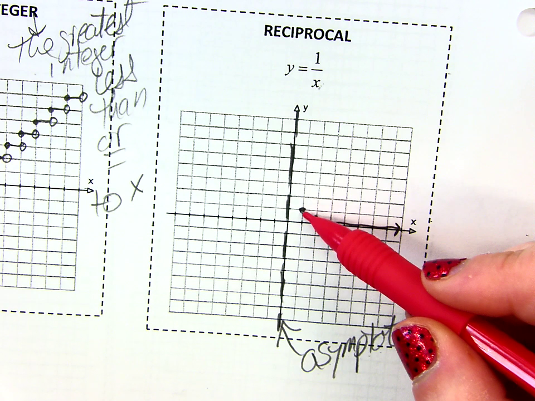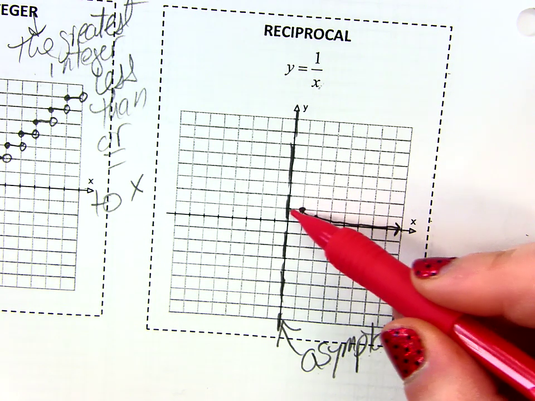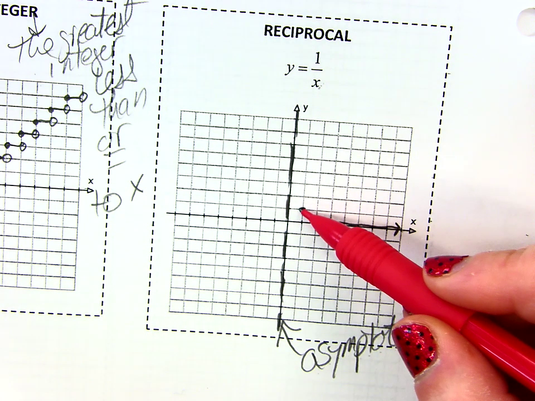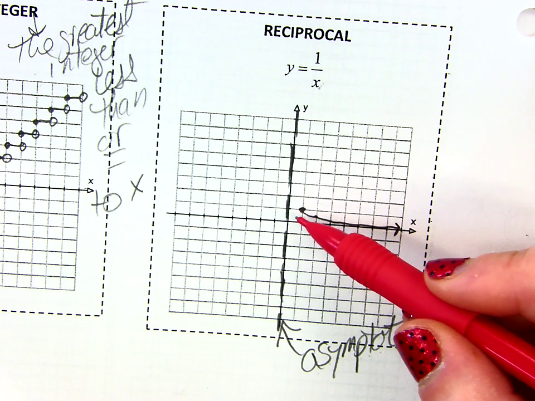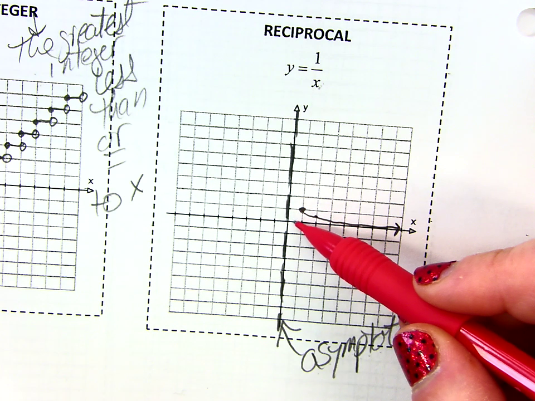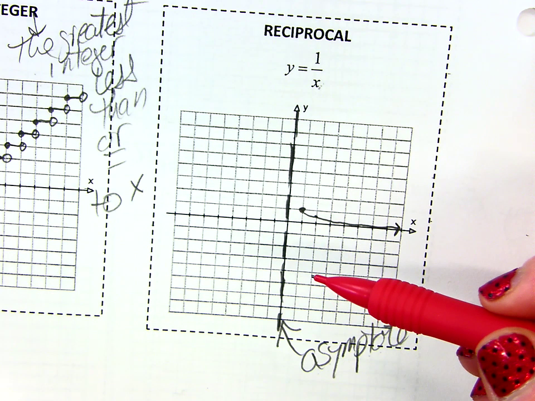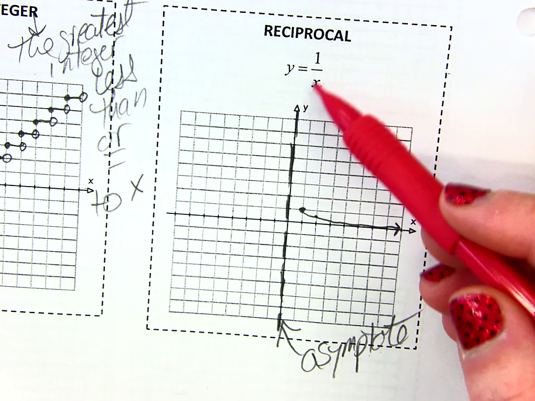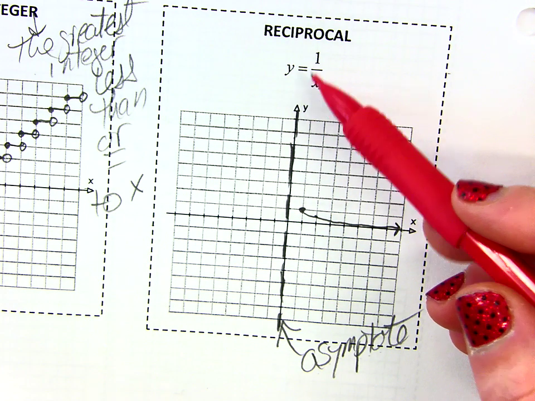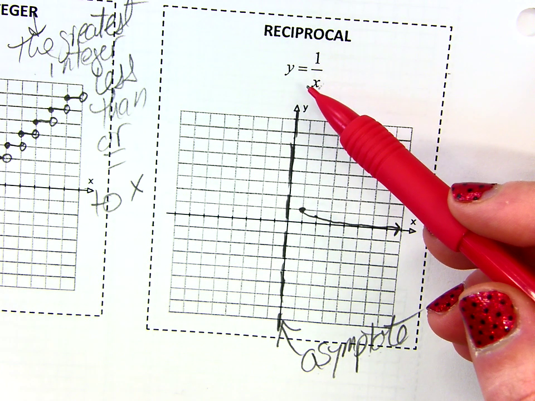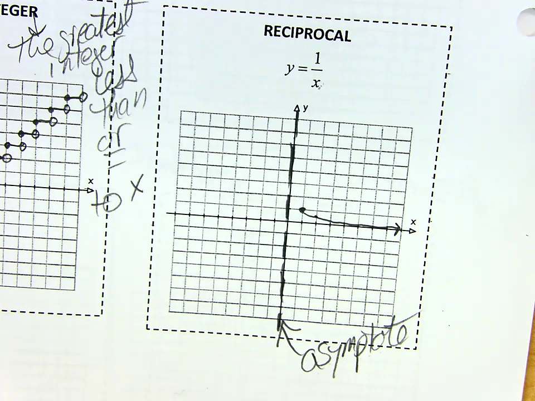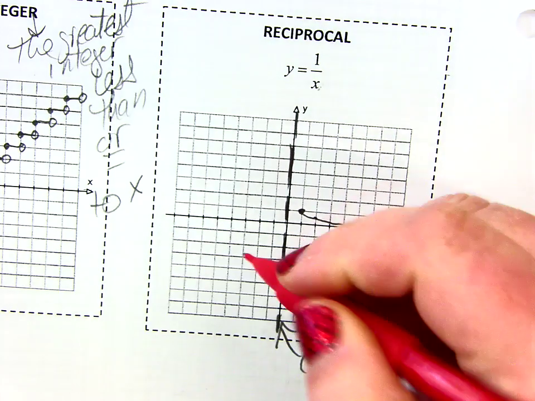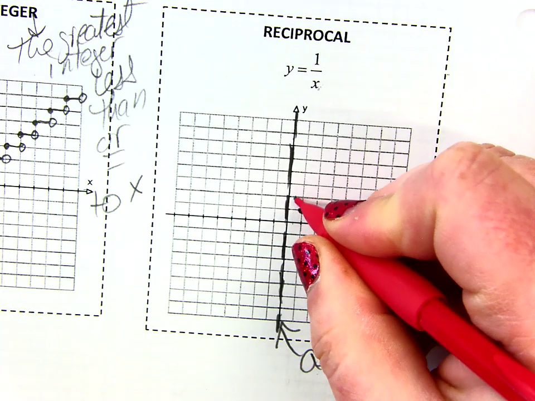Now, I started at 1. But there are values in between 0 and 1, right? Like a half. What would have happened if I plugged in a half? What's 1 divided by a half? 2, right? If I'm dividing by a fraction, I really multiply by the reciprocal, right? So it's really 1 times 2. If I plug in a half, I get out 2.